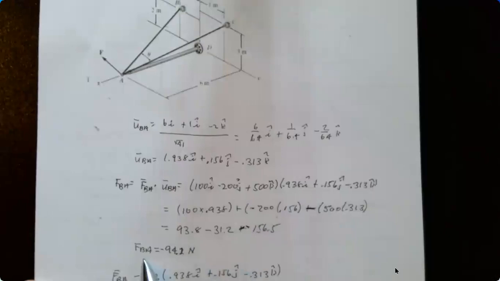And so the F projection on BA is 94.2 newtons. And to write this as a Cartesian vector, you just take this scalar quantity, and you've already done the unit vector up here, times its unit vector. And so you get this as the Cartesian vector.